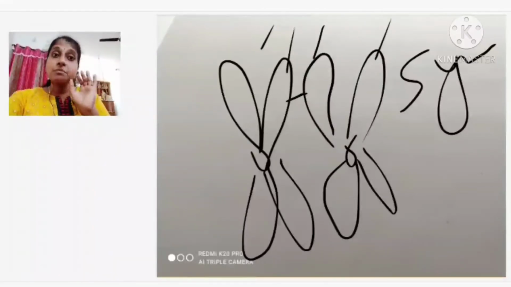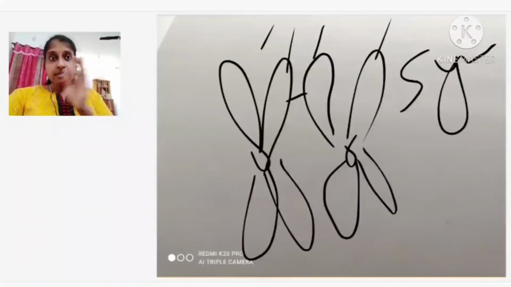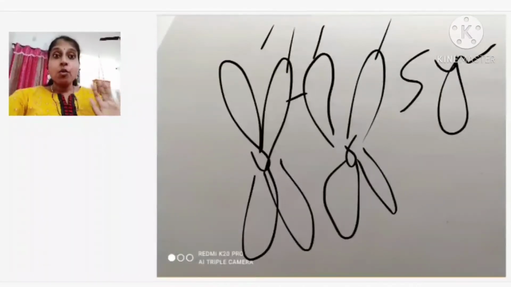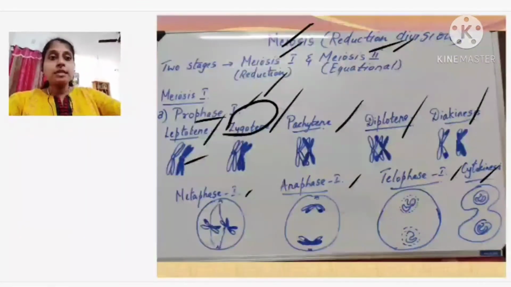What is taking place? Pairing, synapsis. And the synapsed chromosome is called as what? It's looking like 2 sets, bivalent. When they are condensing much, it becomes very clear, like 4 chromatids present. So that one we call it as tetrad. Clear? So this is taking place where? In the zygotene stage.